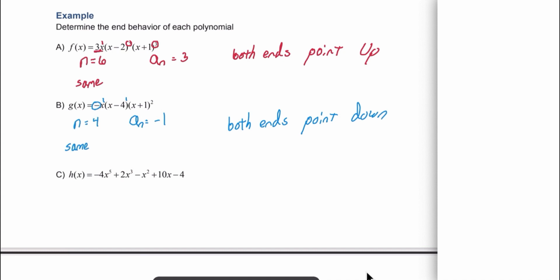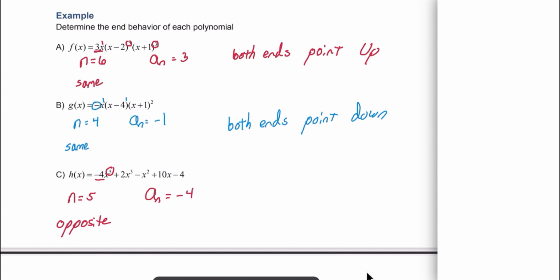And then in the final example, n, the degree, is 5. Notice that this is not written in factored form. This one is your standard form. So we just look at that leading term. Degree of 5 is odd, which means opposite directions. But which is which? We determine that by looking at the leading coefficient, -4.